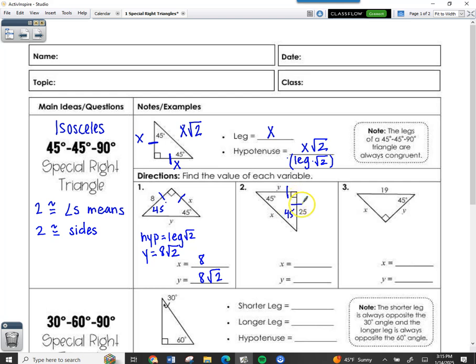It's a 45, 45, 90. So Y is 25. And then if I know the legs, then the hypotenuse is just the leg root 2. So it's 25 root 2. That's it.